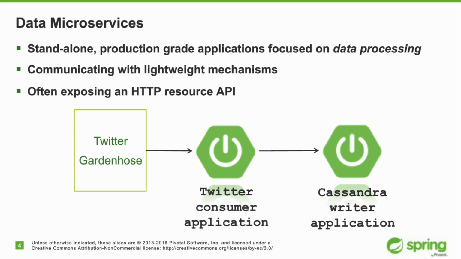And it allows you, probably most importantly, to build composed applications with different pieces, like Lego blocks, creating different kinds of pipelines. If you want to write to HDFS instead of Cassandra, you can simply swap out the second application here but keep your Twitter consumer application running. So that's what we're going to be talking about today, is that kind of a pipeline, these aggregate applications made up of multiple microservices.